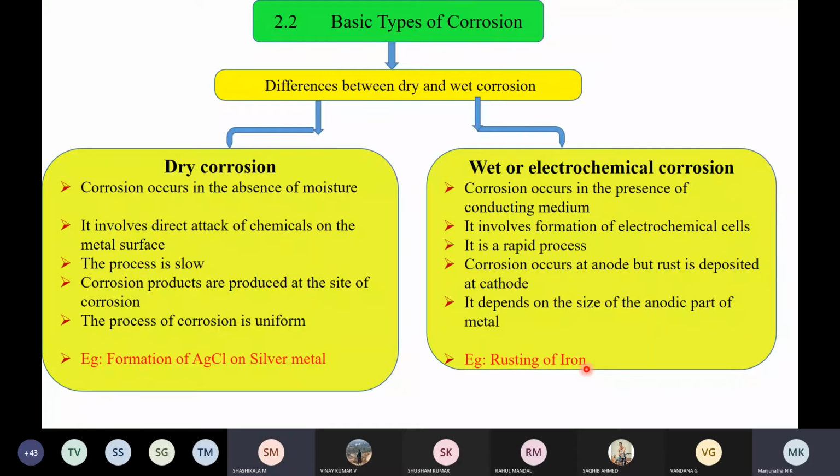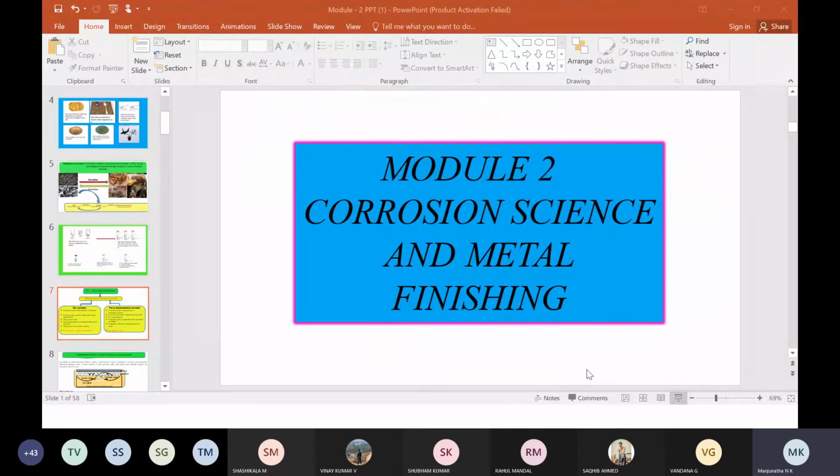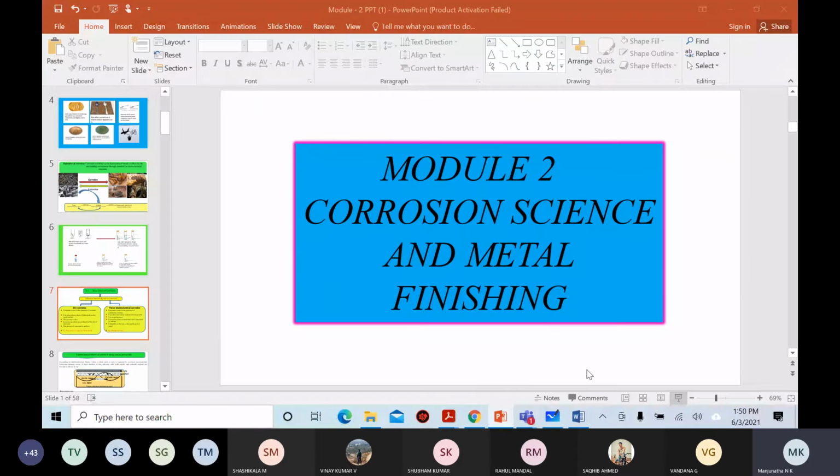Coming to the second one, wet or electrochemical corrosion. Wet or electrochemical corrosion is explained by using a theory called the electrochemical theory.